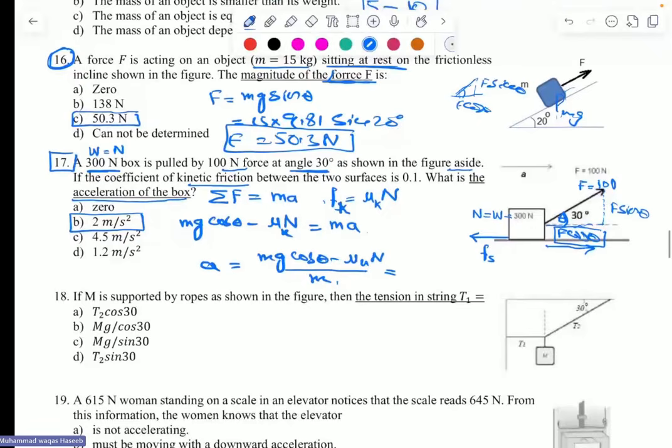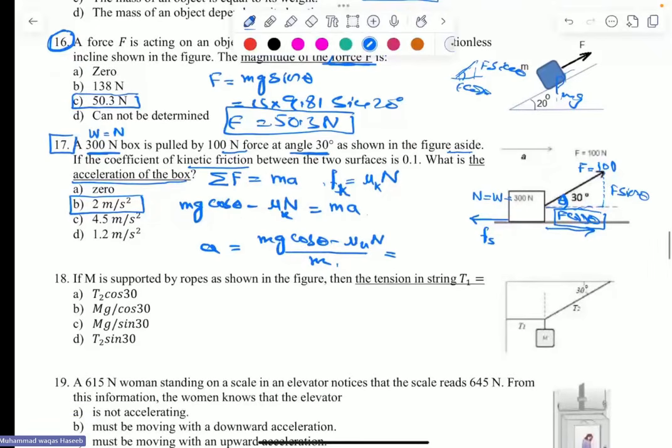Next question. If M is supported by the ropes as shown in the figure, the tensions are T1 and T2, and this angle and this angle, according to geometry, are 30 degrees. This component is T2 sine theta, and this component is T2 cos theta.